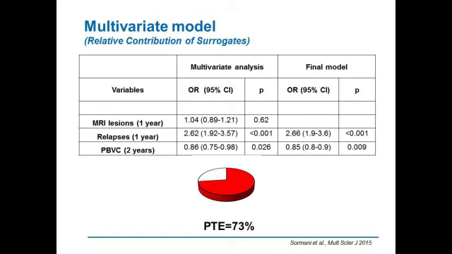The two independent predictors of the effect of the drug on disability progression were relapses and brain atrophy. Putting together in a regression model both relapses and brain atrophy, it came out that the effect of the drug on these two markers was able to explain 73% of the effect of the drug on disability progression.